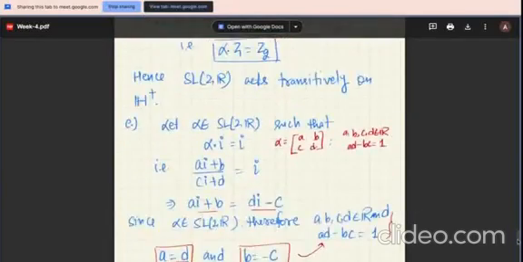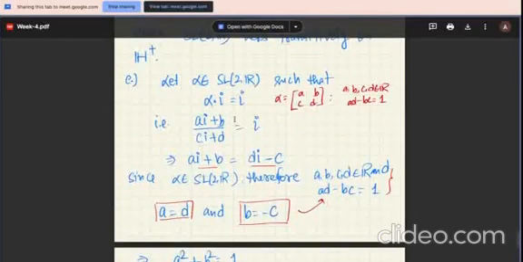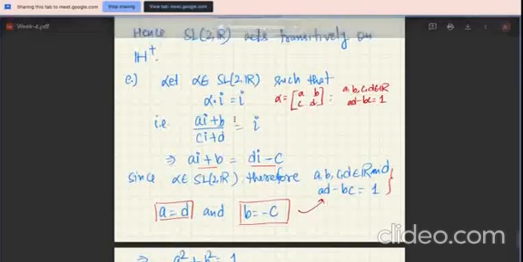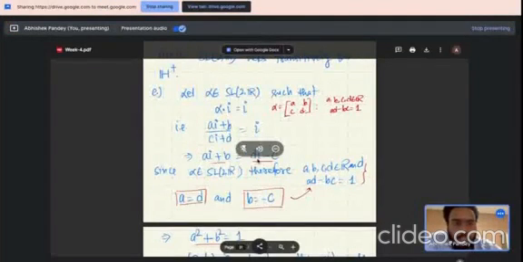So alpha is A, B, C, D such that AD minus BC is equal to 1. So (AI plus B) upon (CI plus D) is equal to I. Now just calculate this. So AI plus B is equal to DI minus C.